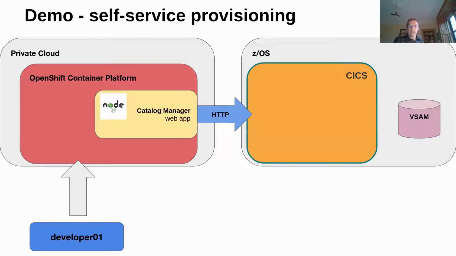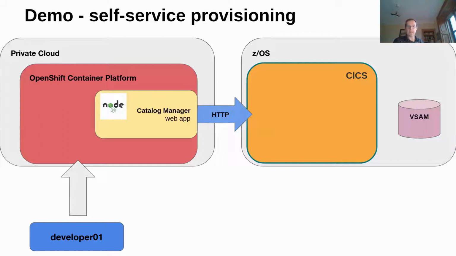The developer will then deploy the CICS region itself, and this being a web app, it will need an HTTP port provisioned with the CICS region. Fortuitously, the template we provide, we'll get onto templates and how they're provided, includes the option to automatically, dynamically provision HTTP ports.